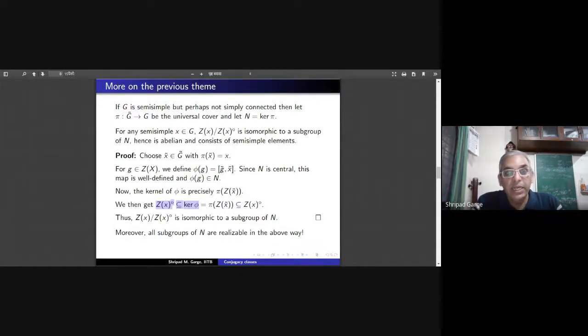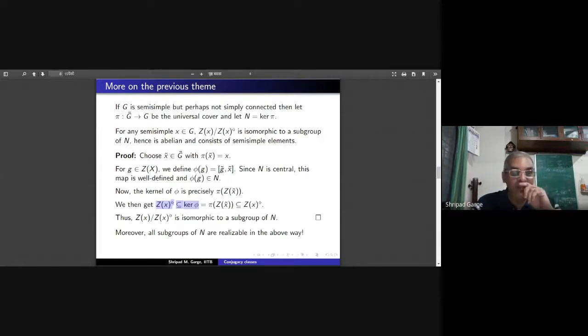Okay, so once again to repeat the statement, when you take G to be a semi-simple algebraic group, perhaps simply connected or not simply connected, then Gx modulo Gx naught is isomorphic to a subgroup of capital N, which is the kernel of the universal cover. And therefore, it is abelian and consists of semi-simple elements.